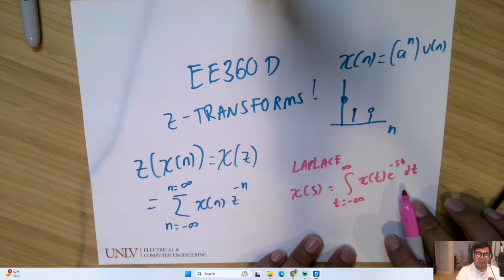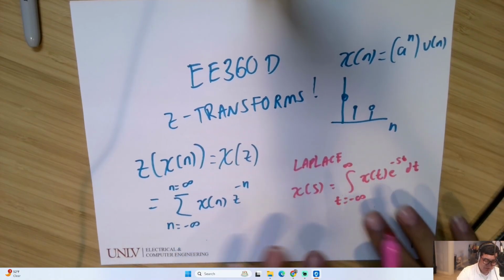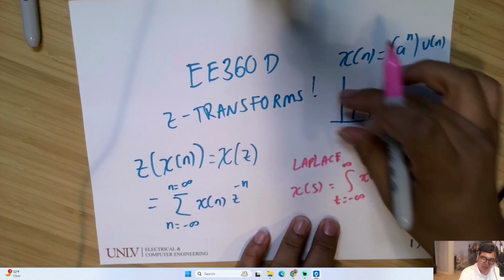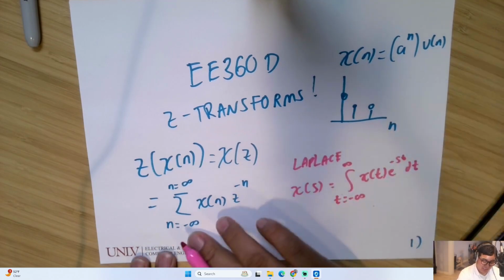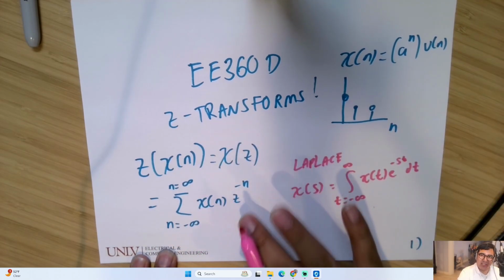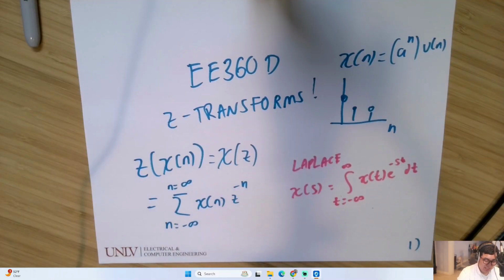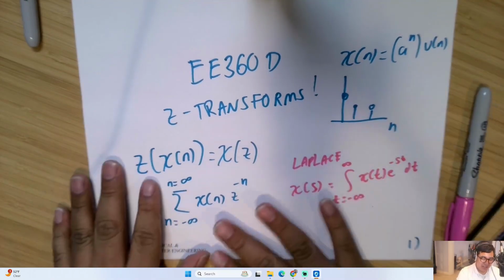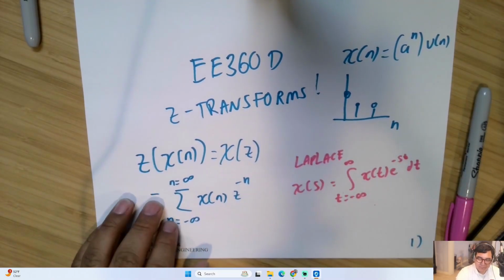Remember that? Does it look familiar? Same thing. We're looking at the entire signal, multiplying by z to the minus n. That right there is your definition. Learn it. It's probably going to be on your exam.